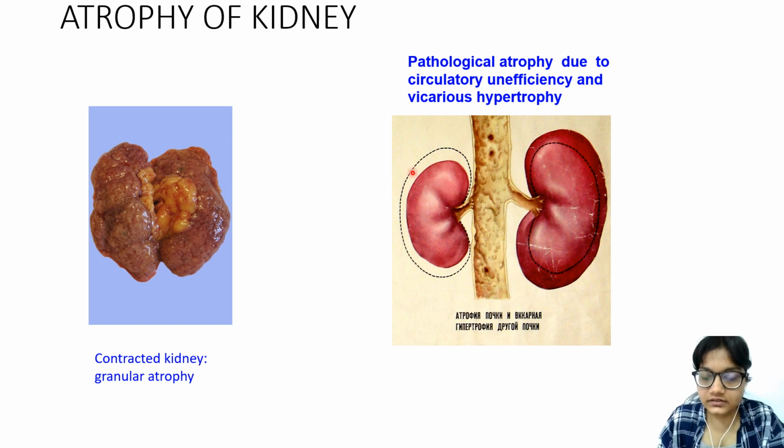Hence here we can see the failure of one organ which leads to vicarious hypertrophy of another one because of functional relationship between them.